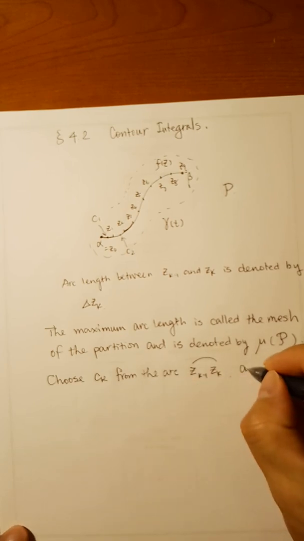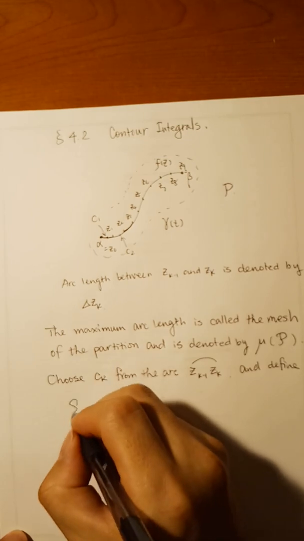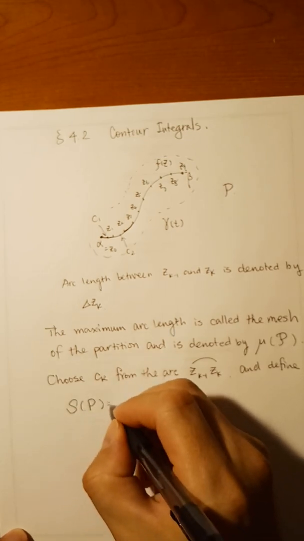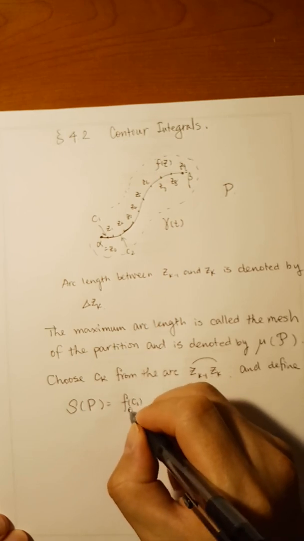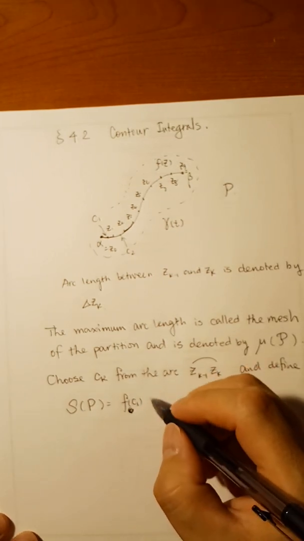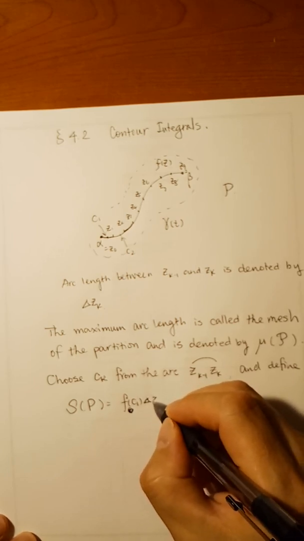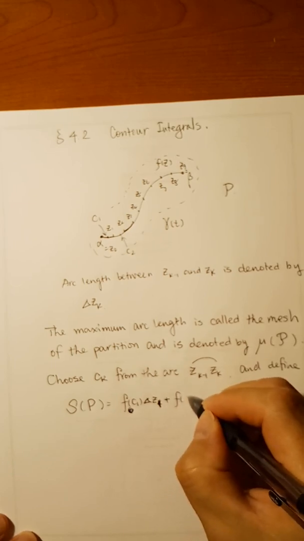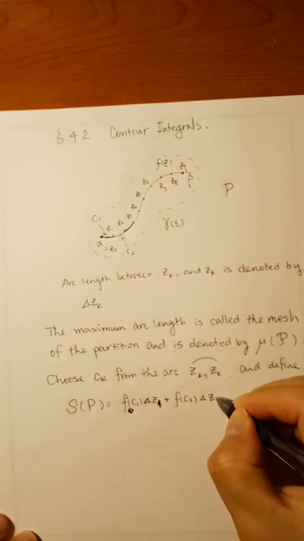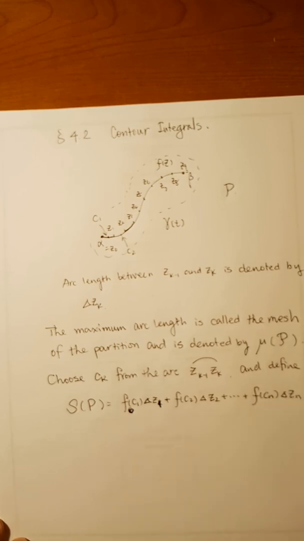And define S of P to be f evaluated at c1 times delta z1, plus f(c2) delta z2, and so on up to f(cn) delta zn. So just add all these things together.